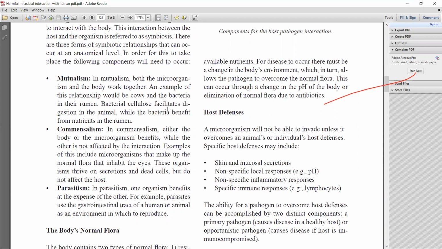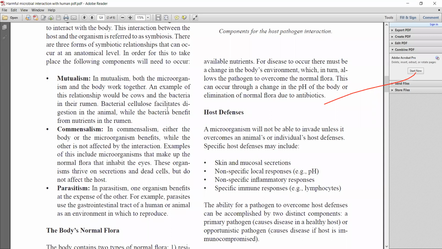Okay, so here the parasites use the human or animal gastrointestinal tract in order to complete their life cycle. And in order to complete their life cycle, they have to harm a human or an animal. Okay, so in this process, the organism getting harmed is the host.